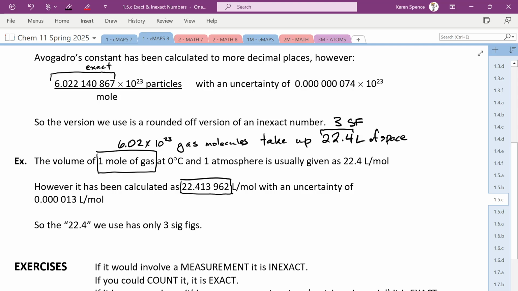I have a couple of... Yeah, we do scale, okay. Well, if you're going to use 6.022140867. So 1 year is not 365 days.